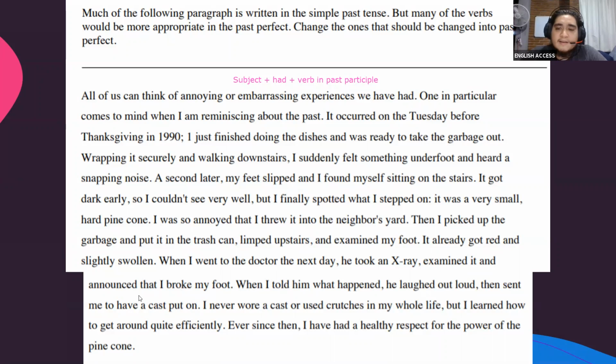Exactly. Here we have reported speech, right? Here it says that this action happened before he went to the doctor. His foot was already broken, so he just announced that it was broken.